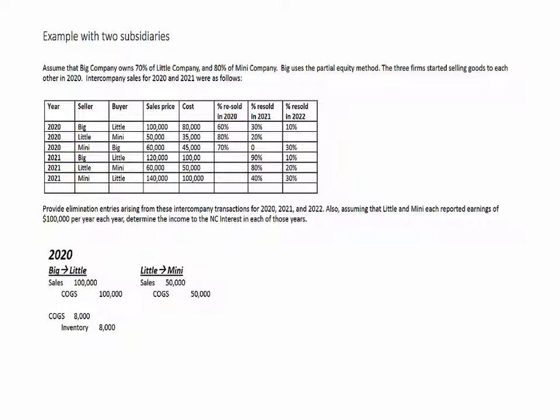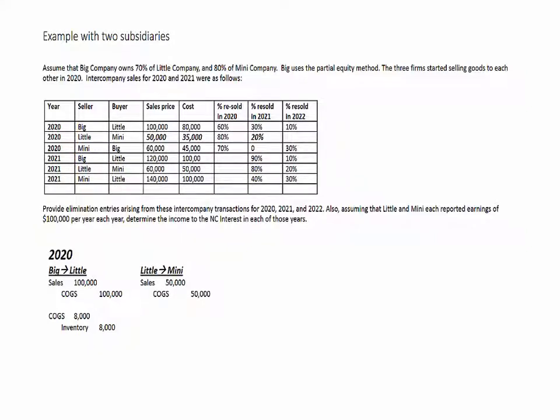The other 20%, or $3,000, was unrealized because the merchandise has not been resold yet. So we need to defer that $3,000 gain, and we do that by increasing cost of goods sold and again decreasing inventory.